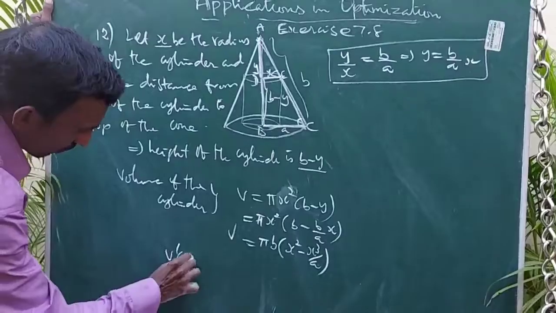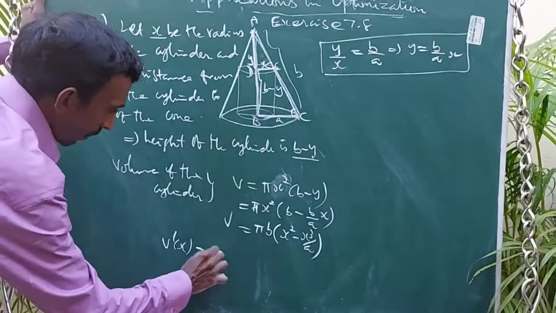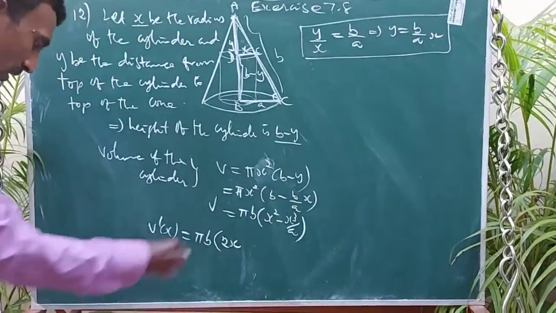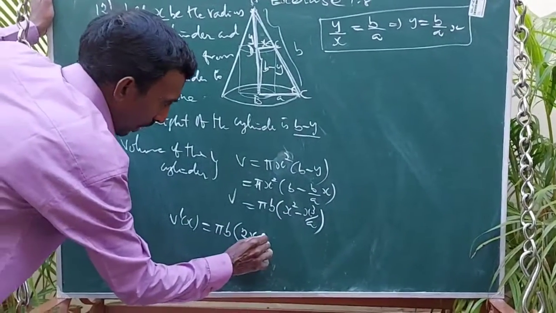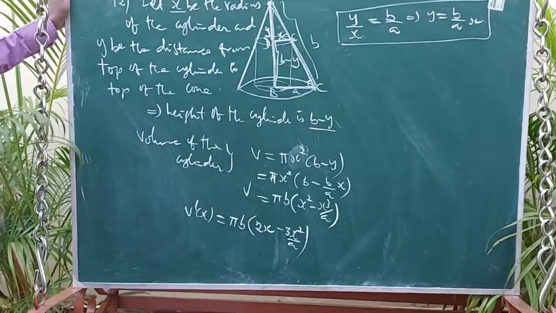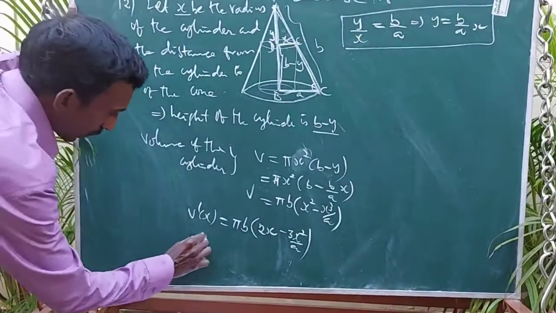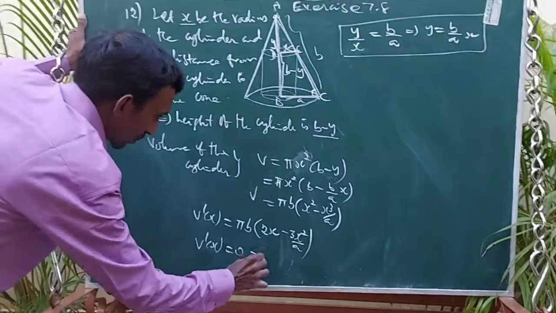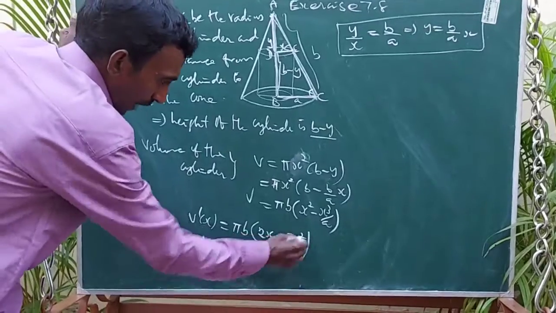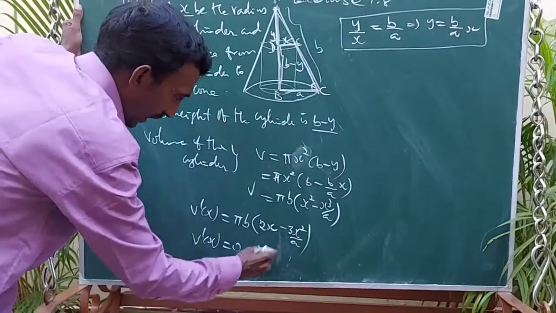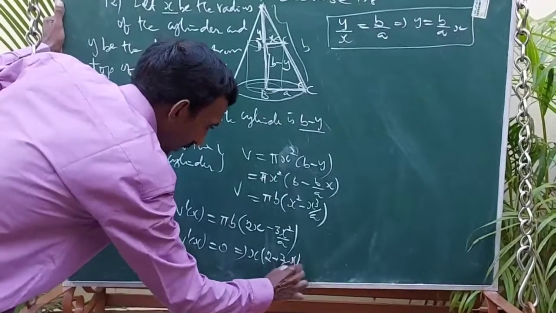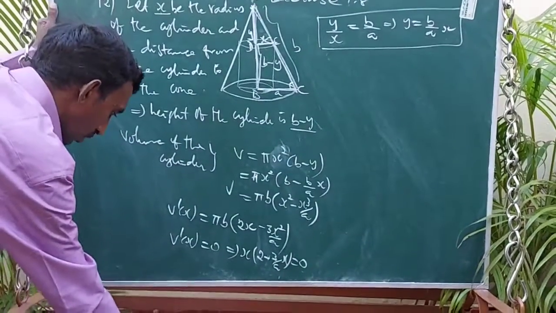Obviously, as in the previous problem, find the first derivative. Pi into b is a constant. Differentiation of x square is 2x, and differentiation of x cube is 3x square, with a as a constant. Now equate the first derivative to 0. So what are we getting? x into 2 minus 3x by a equals 0.